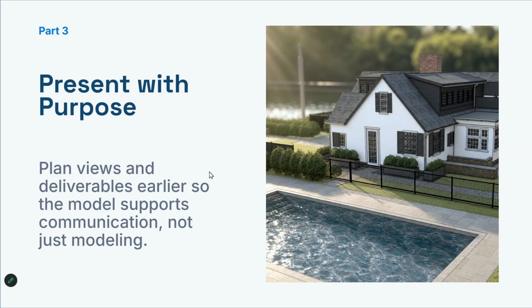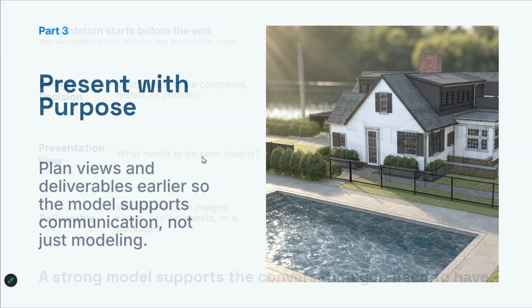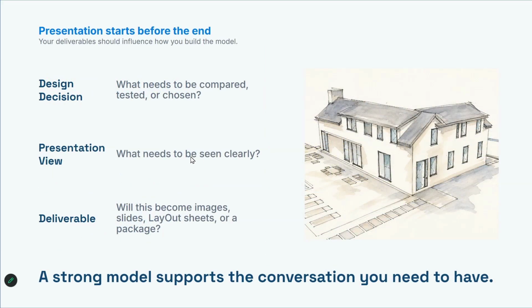So that leads to the third part of this, which I'm calling present with purpose. This is where, okay, you started clean, you organized your model well, but now what are we trying to communicate? And the earlier we can figure that out, certainly the better. But part of that, and I always ask my clients specifically in the age of AI and rendering, I'm always asking clients, what's our deliverable?